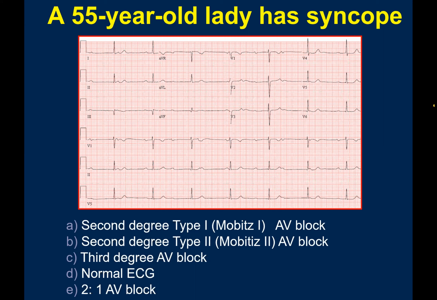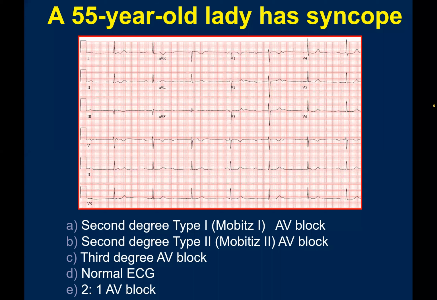If we go from lead 1 to lead 2, 3, there is a P wave, then QRS, then AVR, P wave, QRS. It looks like there is a P wave before every QRS.